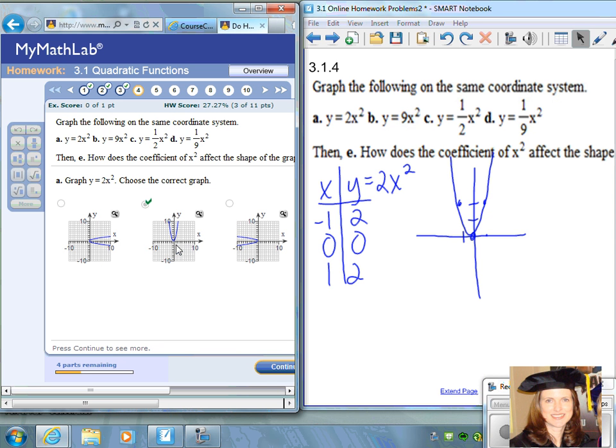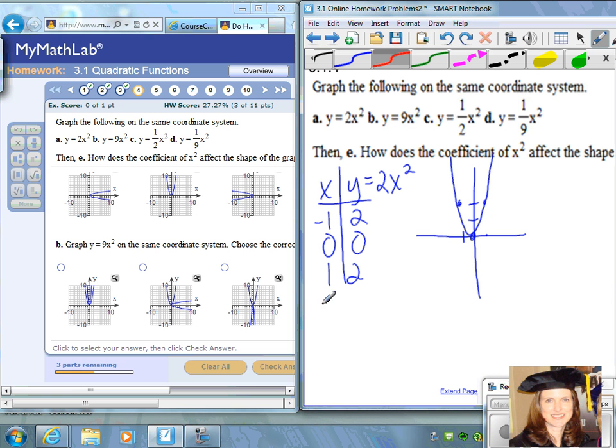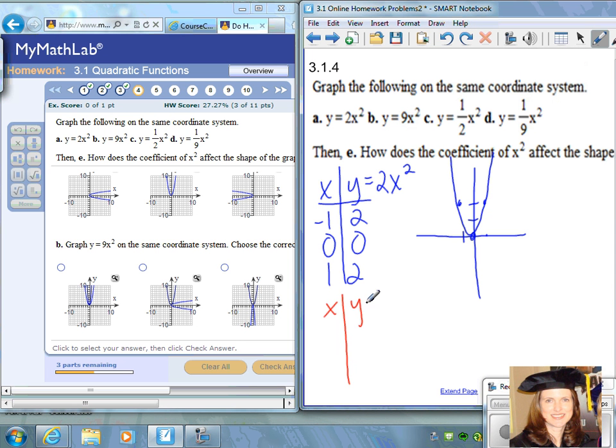Now for part B, we want to graph y equals 9x squared. So after you square it, you're going to multiply by 9. Imagine what's going to happen to the graph as we have 9x squared. I'll do that one using the red table of values here, where y is equal to 9x squared.